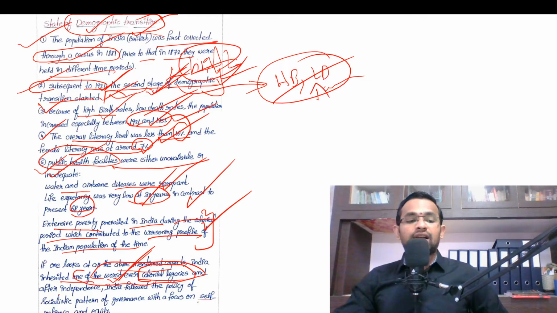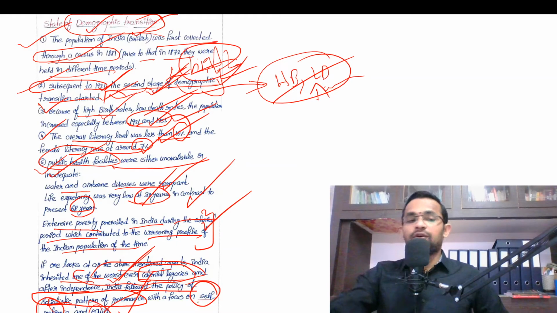After independence, India followed the policy of a socialistic pattern of governance. Please try to understand. The main focus of the socialistic pattern of governance was self-reliance and equity. In our previous video, I discussed trade barriers that were imposed on exports and imports in order to boost domestic industries, as well as state control over factors of production like land, labor, capital, and entrepreneurship to make India self-reliant.